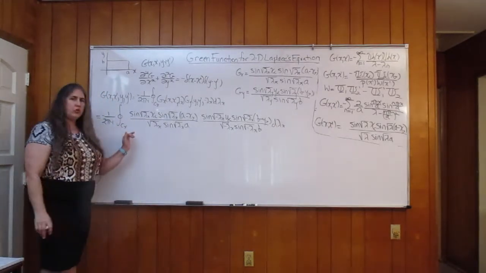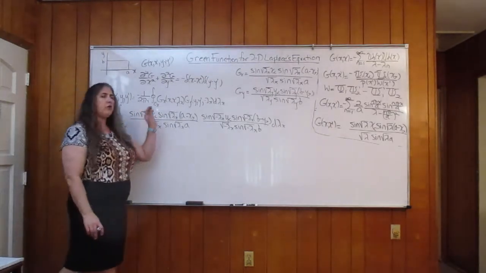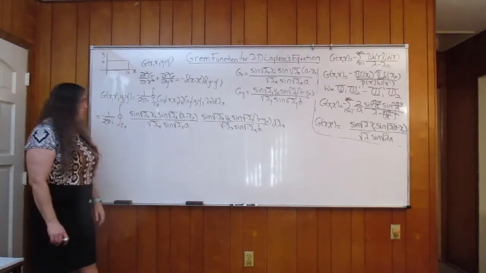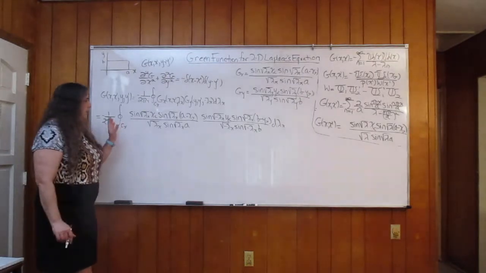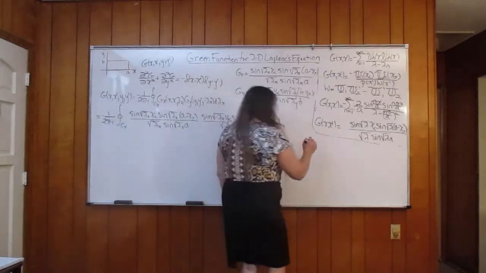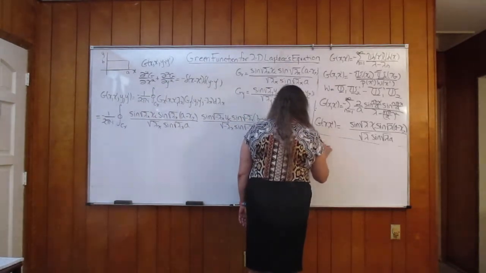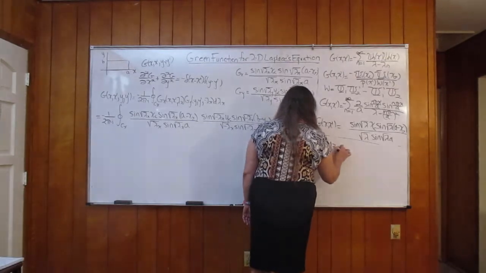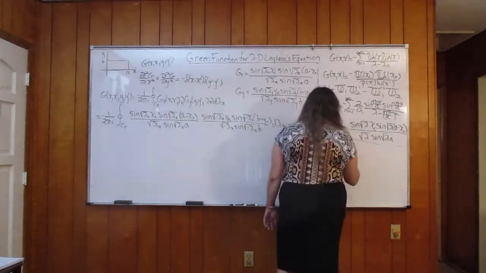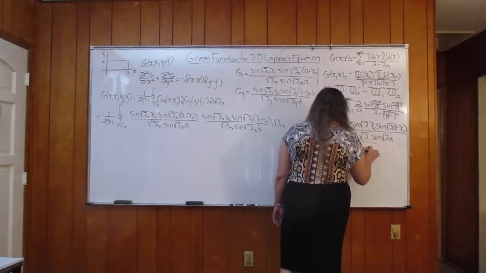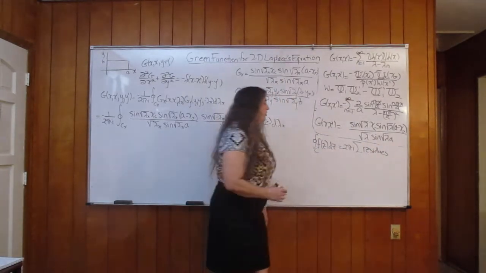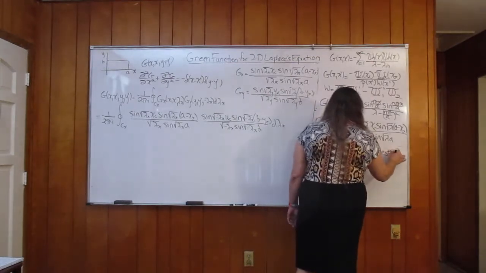So again, this contour C of x encloses only those poles due to g of x, and it excludes the poles due to gy. So I'm going to need to calculate the residues. And just a reminder to use the residue theorem: if you are calculating a contour integral with some function f of z, that's equal to 2 pi i times the sum of all the residues that are enclosed by the contour.